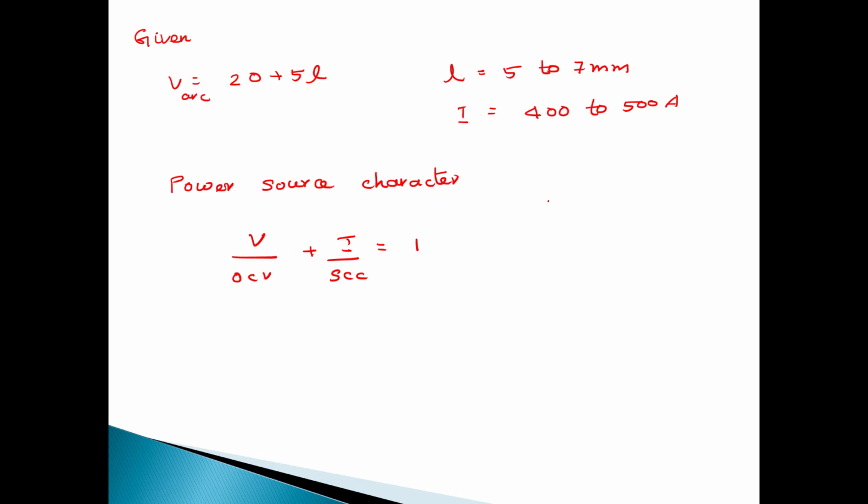In that, OCV is the open circuit voltage and SCC is the short circuit current.